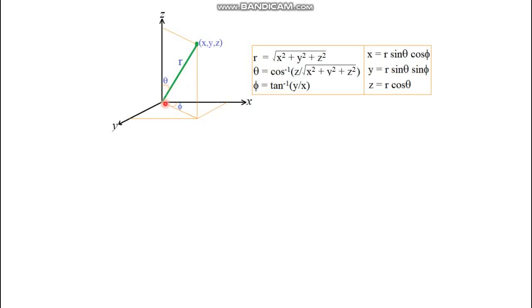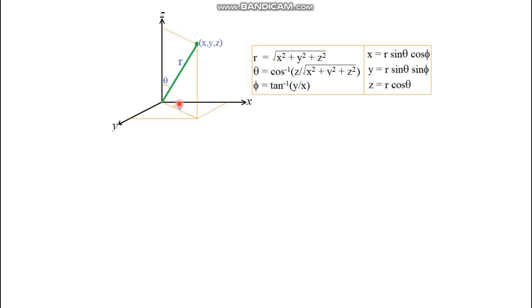Phi is the angle of the projection of that radial line on the xy plane with the x-axis. This is phi, and theta is the angle between the radial part and the z-axis. The range of r is 0 to infinity, the range of theta is 0 to pi, and the range of phi is 0 to 2 pi.